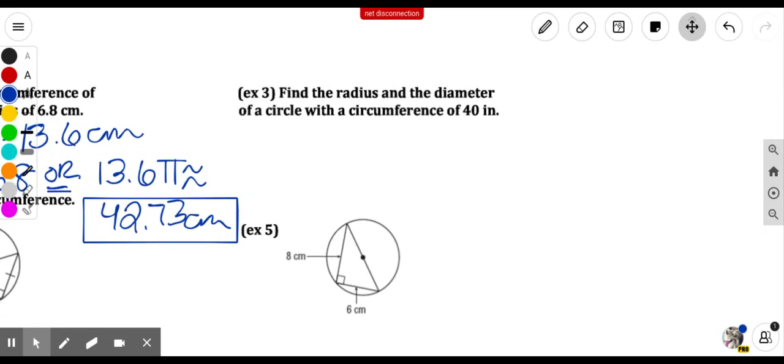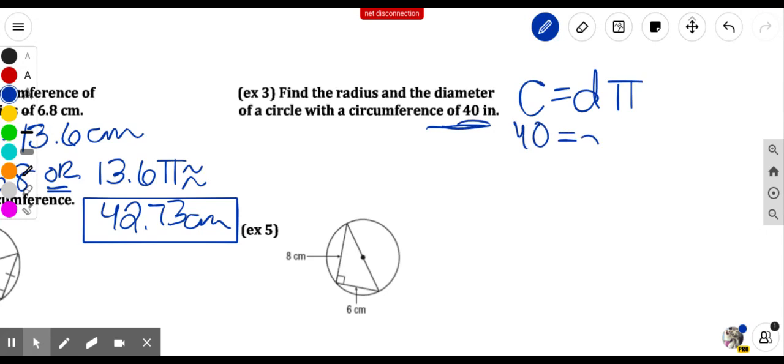Number 3 asks us to find the radius and the diameter, and we're given the circumference. So this one we have to kind of work backwards. So think about circumference equals diameter times pi. And if I know the circumference is 40, I can plug in 40 for the circumference, and I can solve for d. So this is multiplication here.